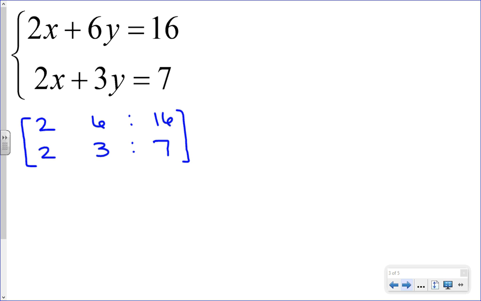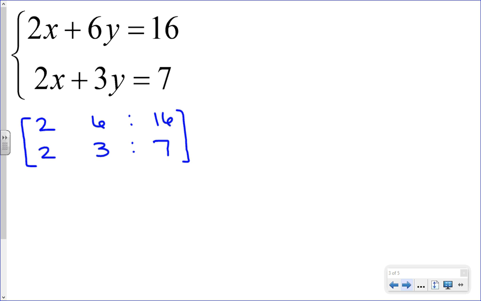Ideas. Nick. Row 2, row 1, make it row 1. Subtract the 2 rows. Is that what you're saying? Okay.